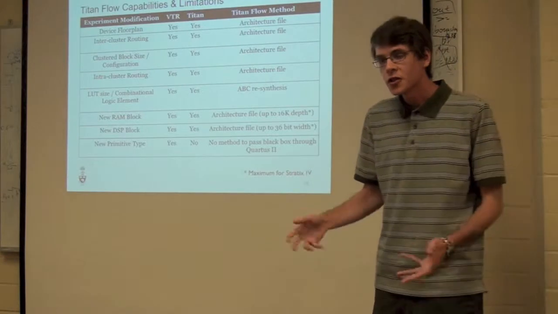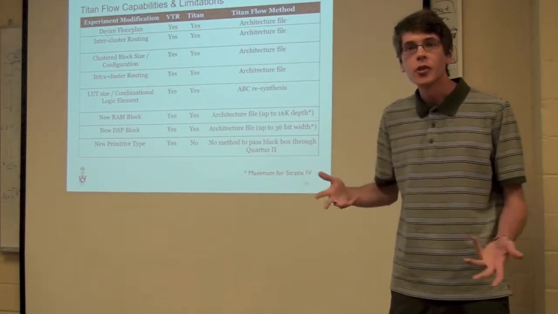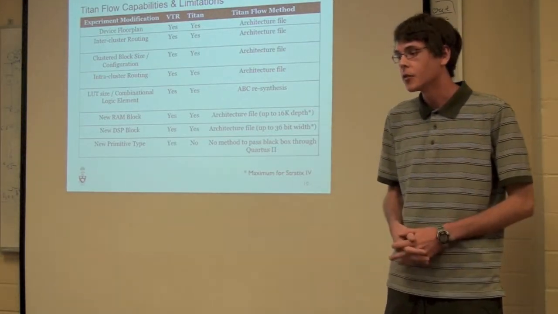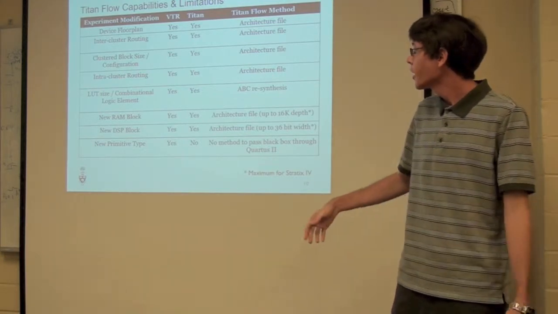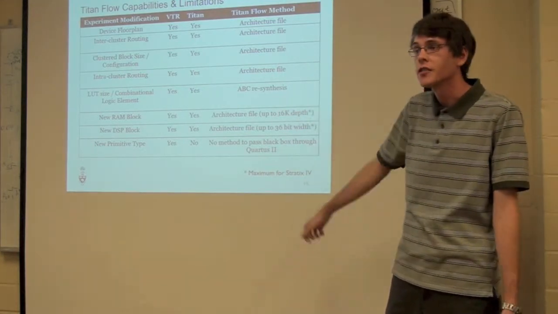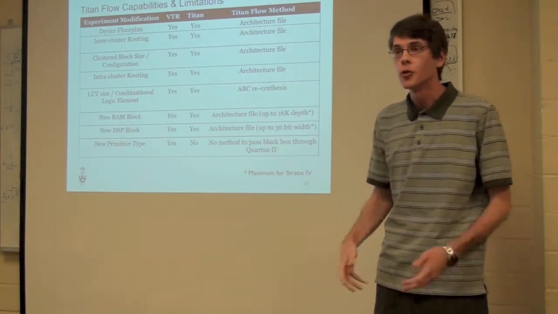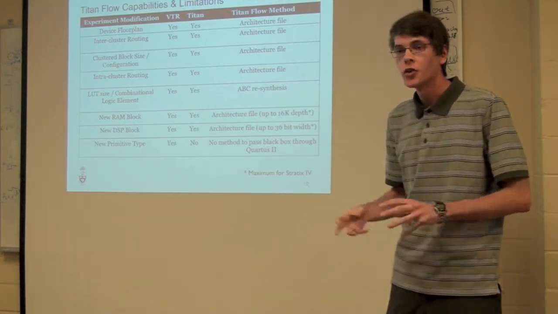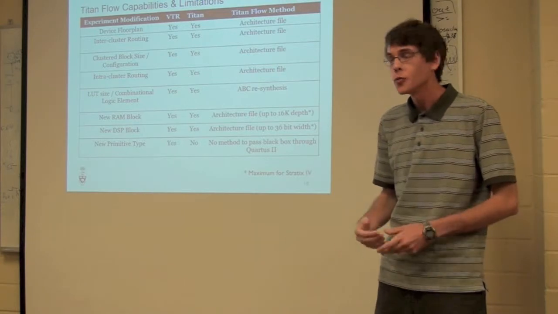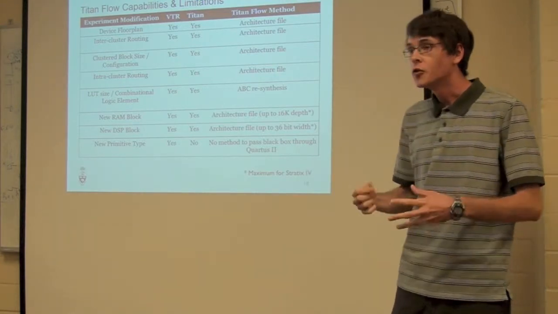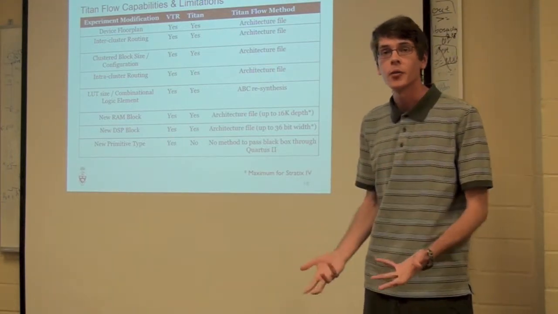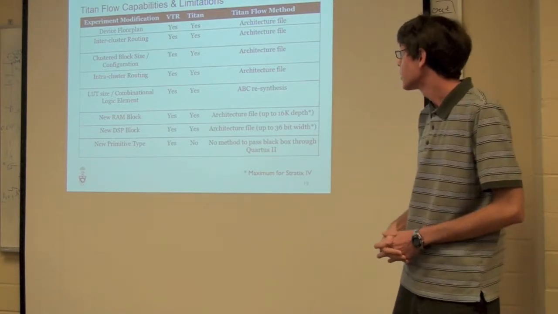So the next question is basically what are the capabilities and limitations of this kind of CAD flow? We're going to compare our hybrid CAD flow, which we call Titan, with the VTR flow, which is a purely open source flow. Now we share a lot of the common tools with the VTR flow, so we can do a lot of the same architecture experiments that we could in VTR.